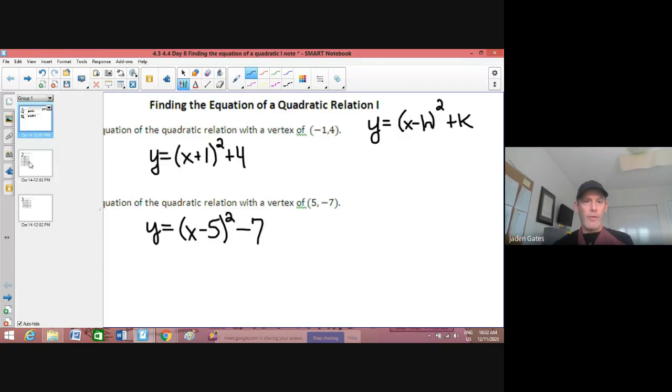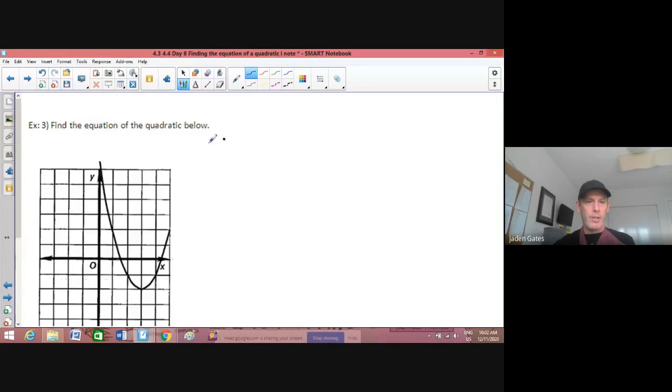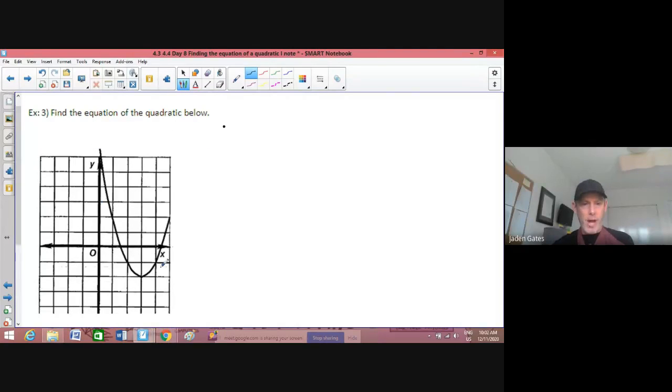Now, I can take it a step further and try one of these. I have a parabola here, and I want to find the equation of that quadratic. Well, I'm going to do the same thing I did before, but I'm just going to use a graph by finding the vertex, which is right there. And that vertex is the point, let me see here, 3 to the right, but 2 down. All right, so there's my vertex. And just like I did before, that means this parabola compared to the original is shifted right 3.